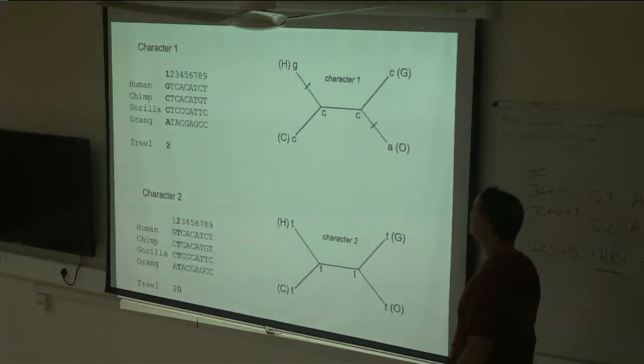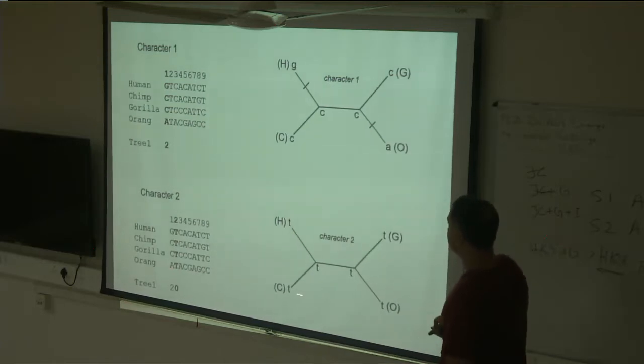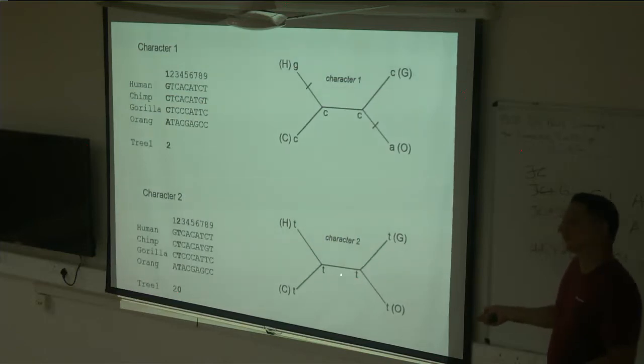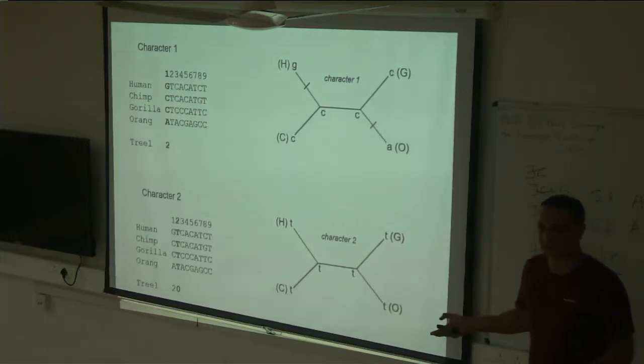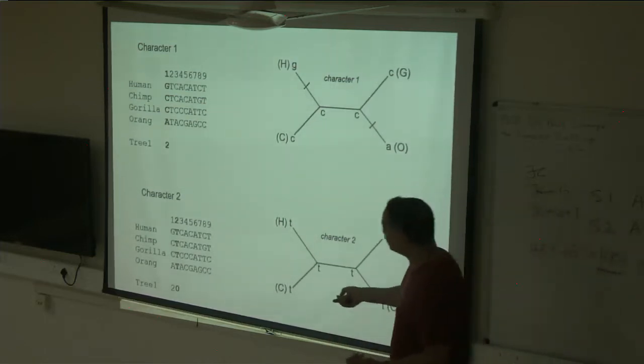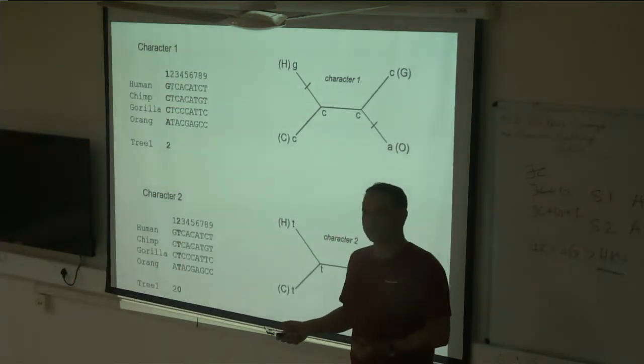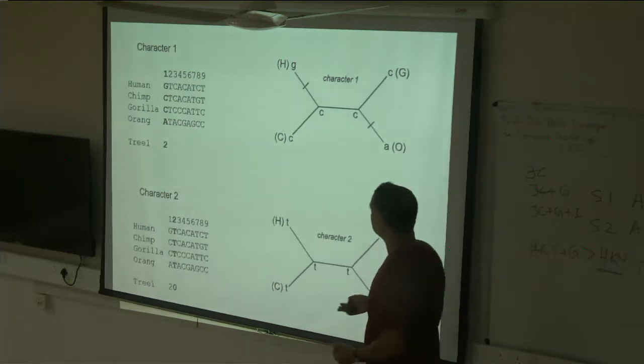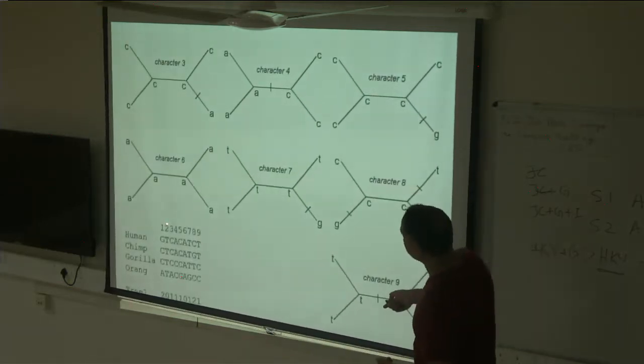It's a T, T, T, and T. This is a no-brainer. The ancestor state must be a T. So this is an invariant site, and it is totally uninformative. Okay. Then we go on to character number 3.